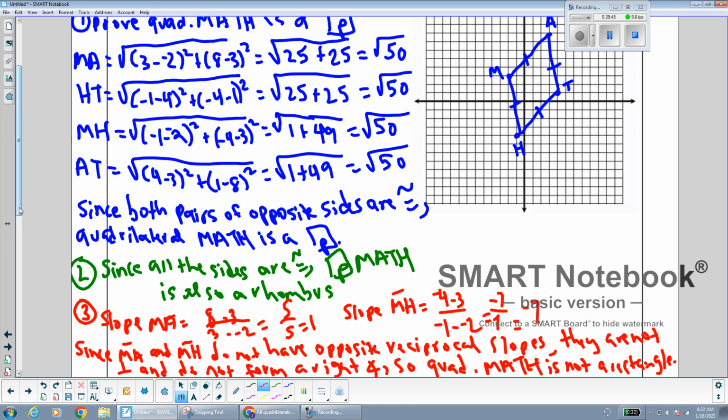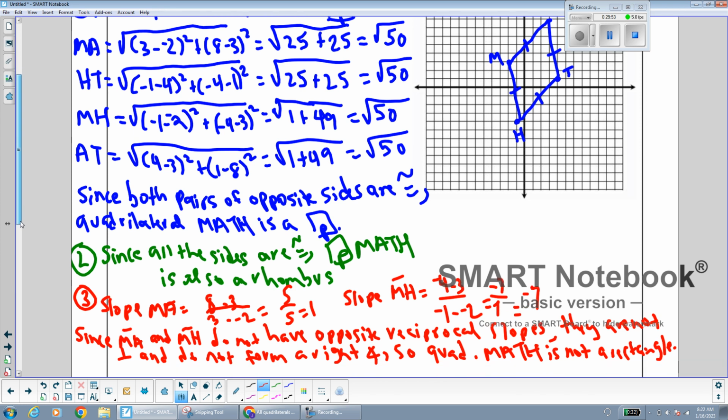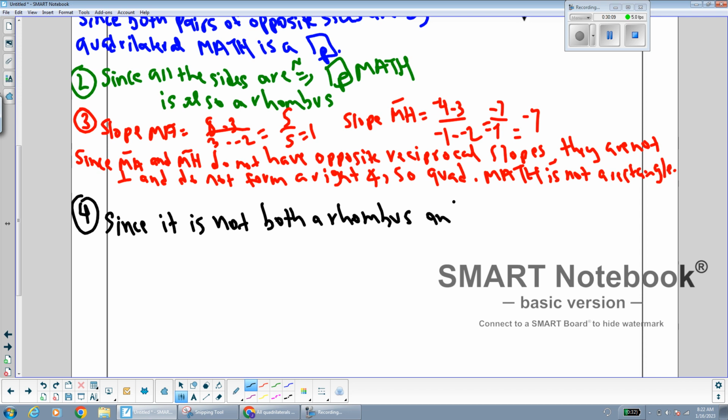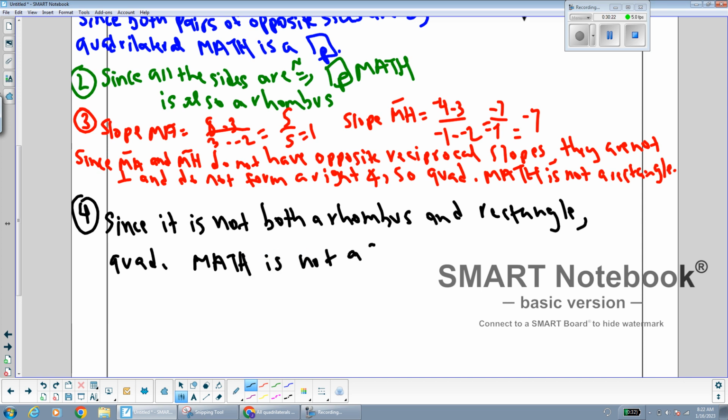So we're almost there. We showed that it's a rhombus, but not a rectangle. So now we just need the concluding statement explaining why it's not a square. So that would be the last part, part 4. Since it is not both a rhombus and rectangle, quadrilateral MATH is not a square.